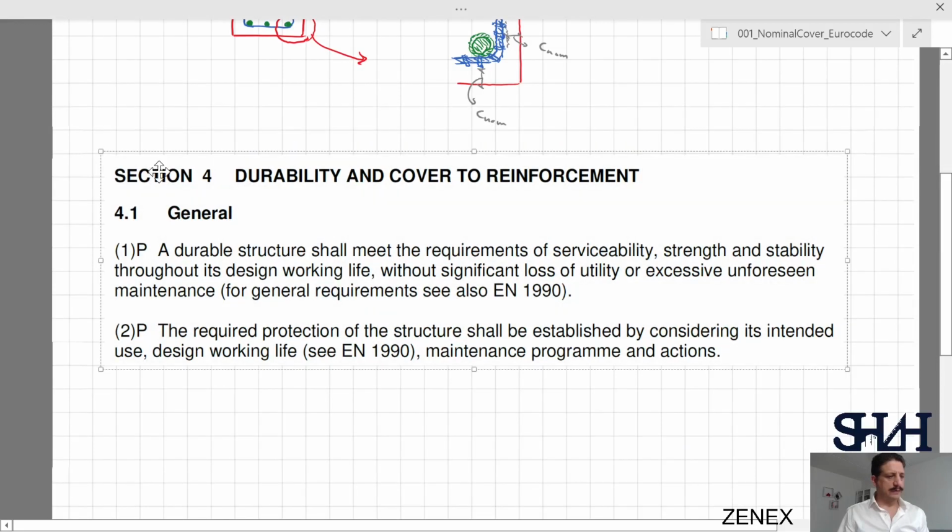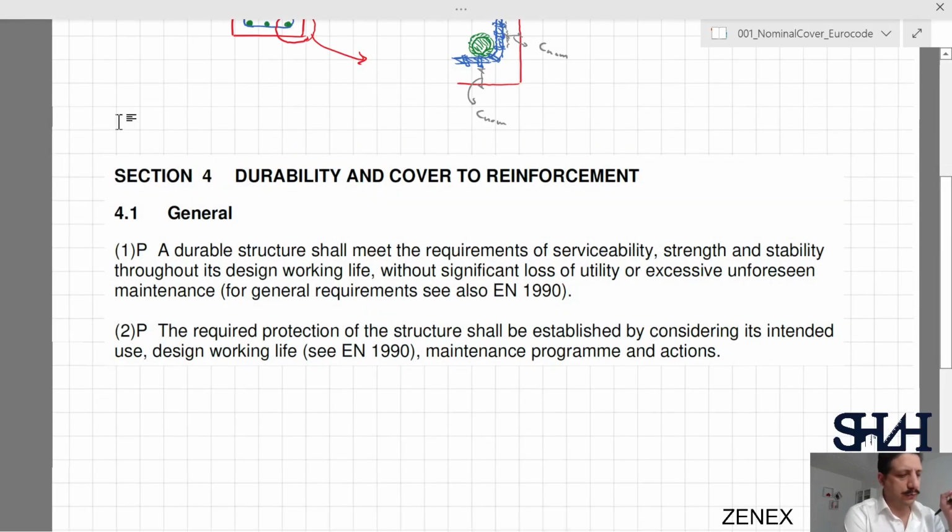According to section 4 of Eurocode 2, durability and cover to reinforcement, in clause 4.1, general, number 1, its principle: a durable structure shall meet the requirements of serviceability, strength, and stability throughout its working life, without significant loss of utility or excessive unforeseen maintenance.